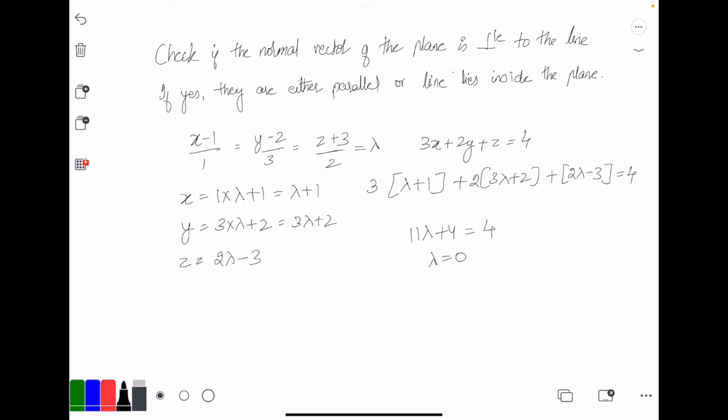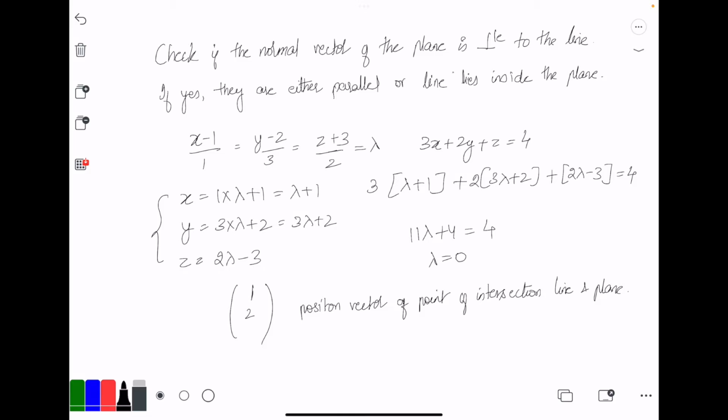Using this, we've now obtained the coordinate or the position vector of the point of intersection between the line and the plane, which is simply substituting lambda in these equations.